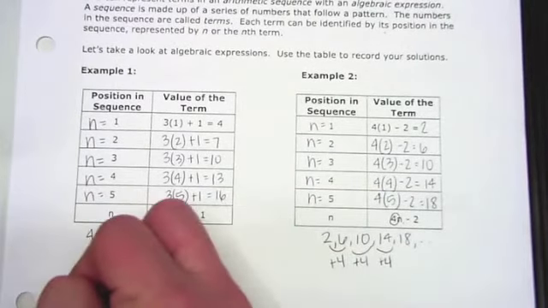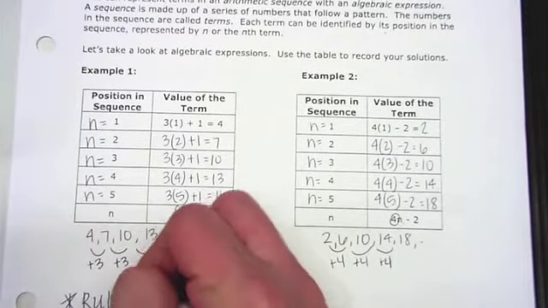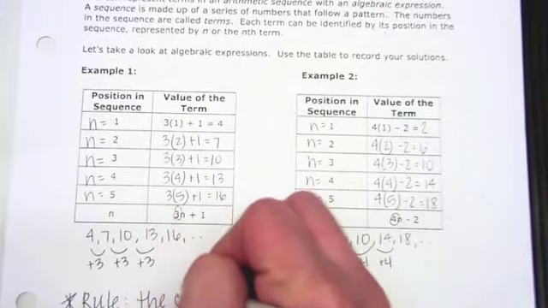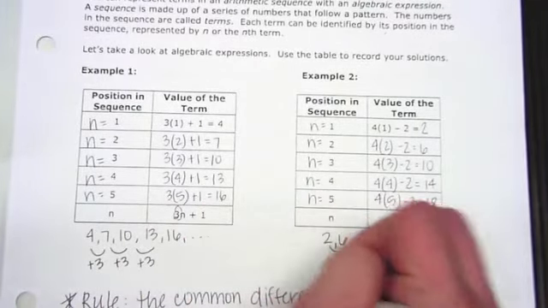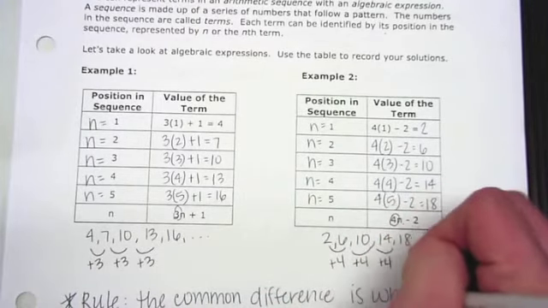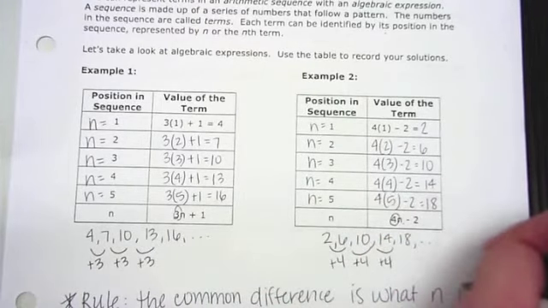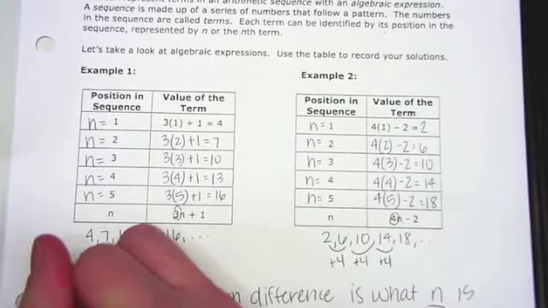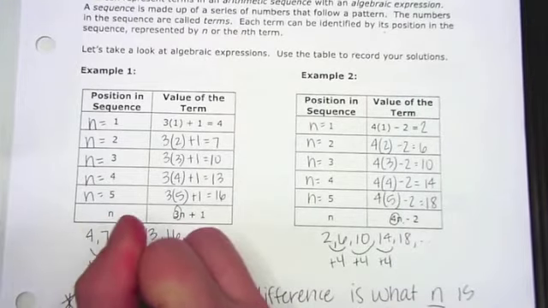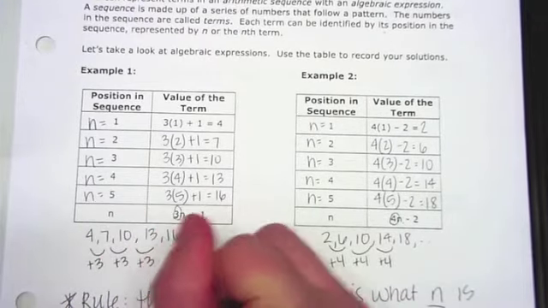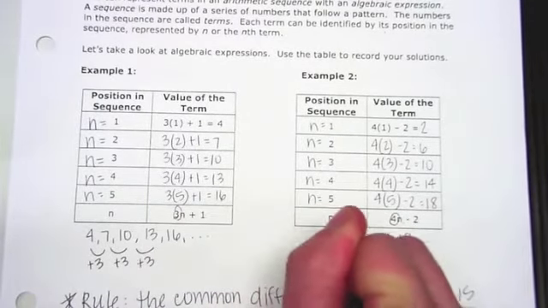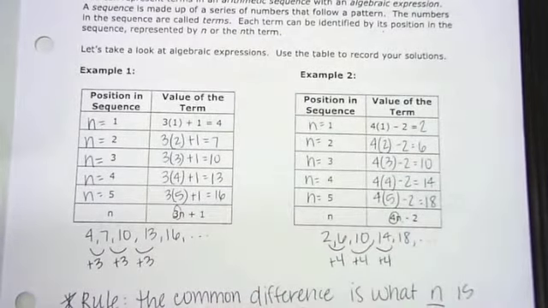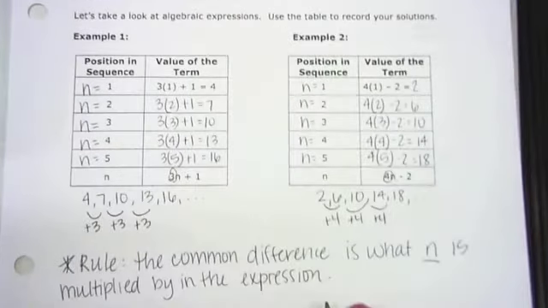So as a rule, the common difference is what n is multiplied by in the expression. And remember, n is our position number.